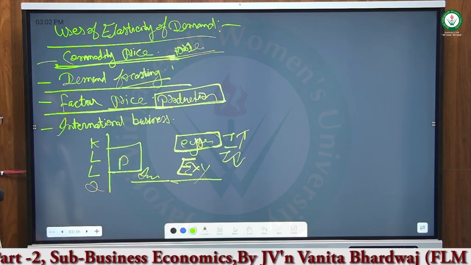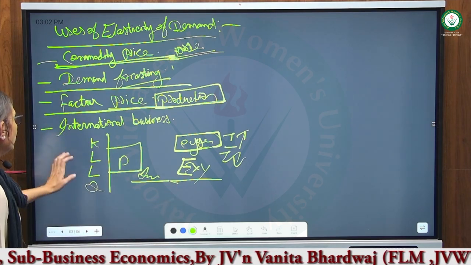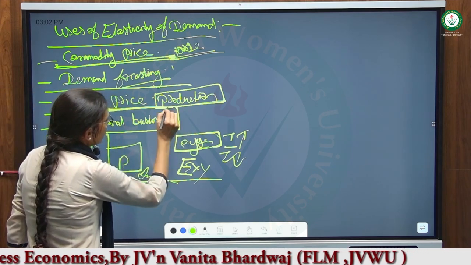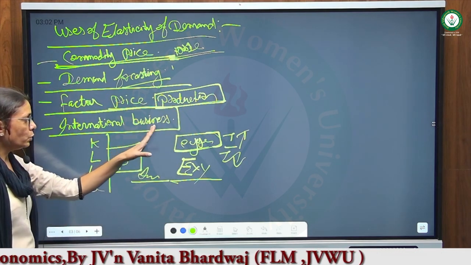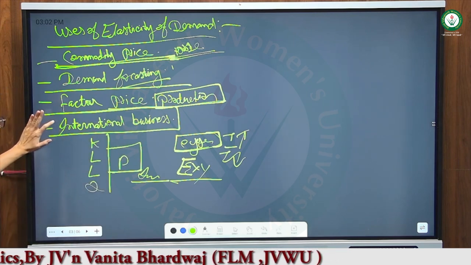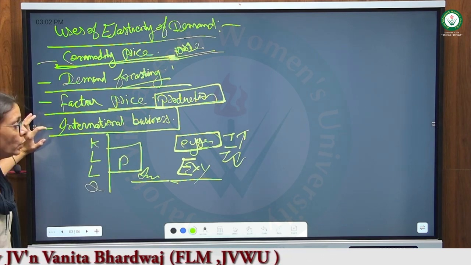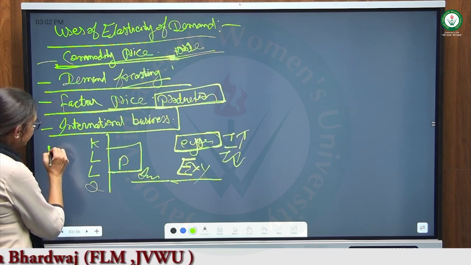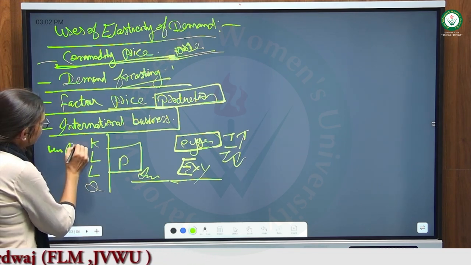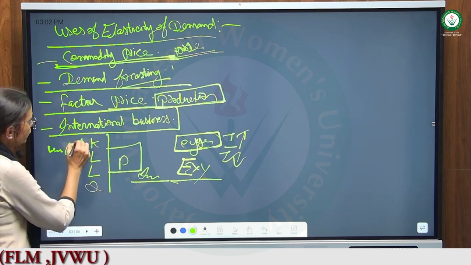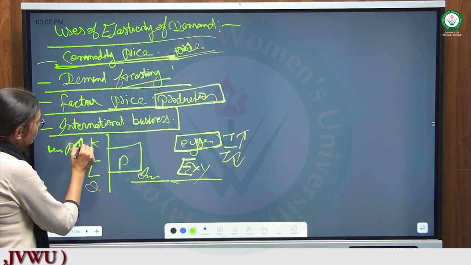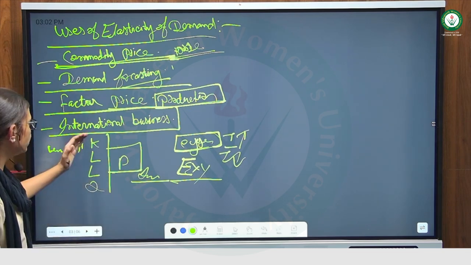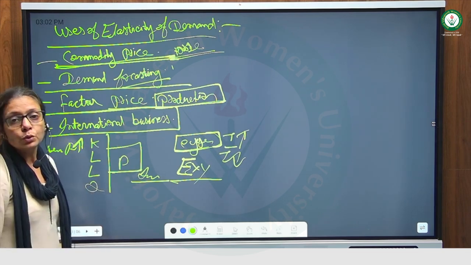Okay, next point is international business. The most convenient example of this topic is petrol. For example, we are importers of petrol, and petrol demand is inelastic. If the price of petrol goes up, what will we do? Do we stop using petrol, or do we use less petrol? We start using less petrol, but we do not stop using it.